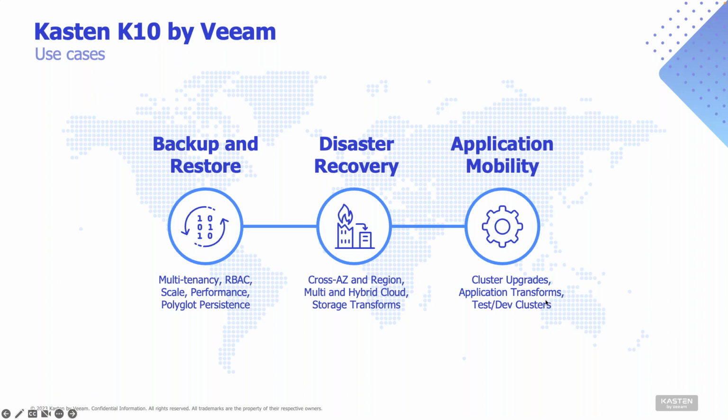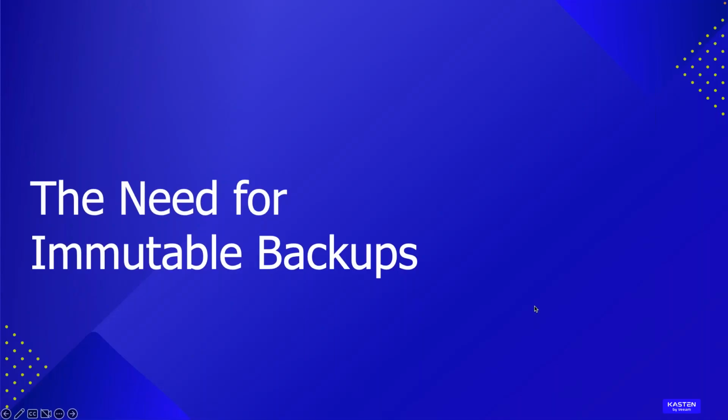So application mobility is a key thing: we are able to move the applications between all these different platforms and Kubernetes distributions, and transform not only the storage itself, but also certain YAML definitions that can move between these different platforms, right? So that's the Kasten side of things.